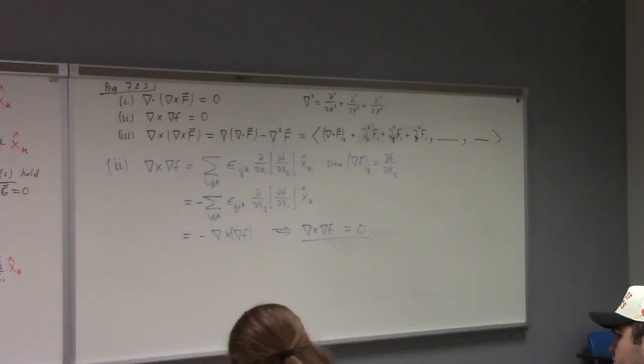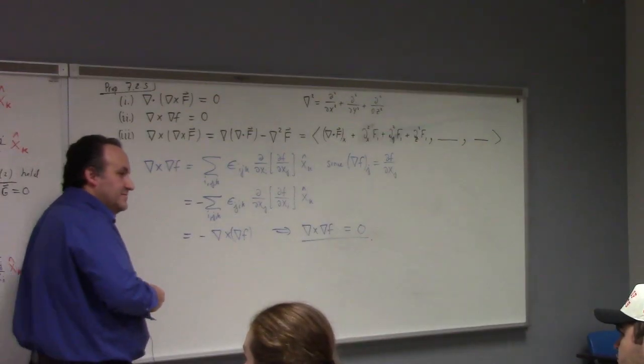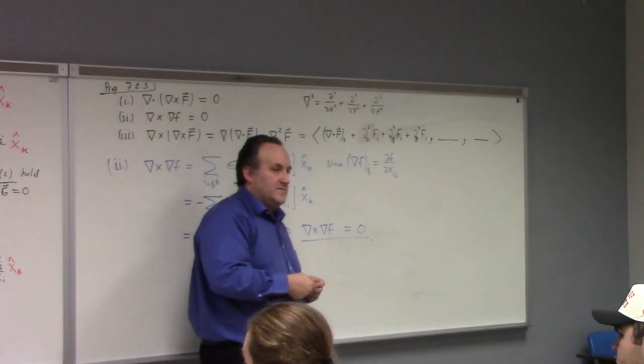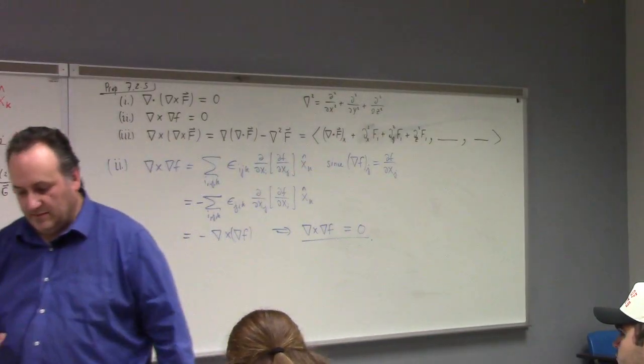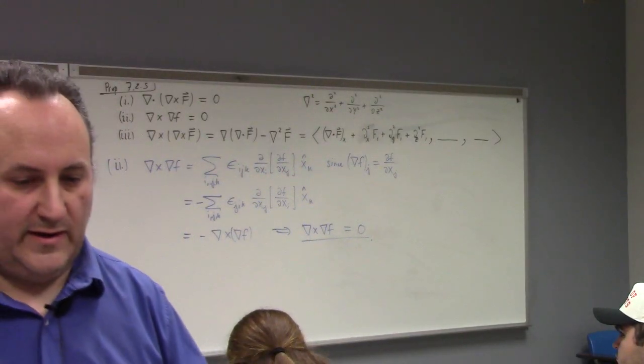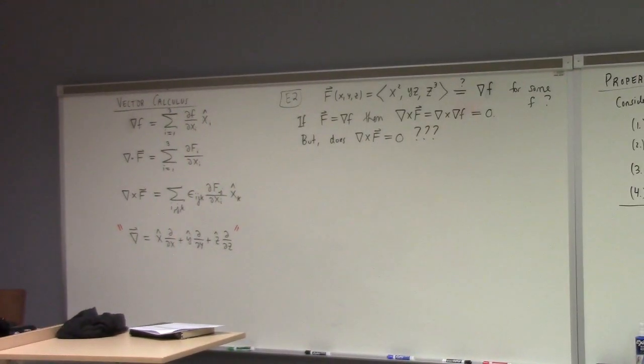Because if it doesn't, we know that the search for a little function f whose gradient is the vector field is an impossible one. So this identity that we've just derived is actually very helpful in that regard. It can show us when it is possible, right? Okay, so let's calculate the curl of this vector field. Yeah, let's do it.